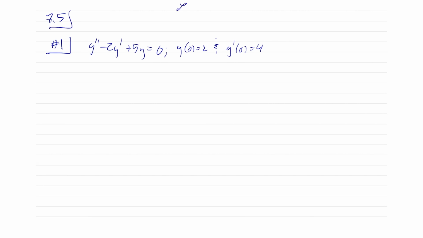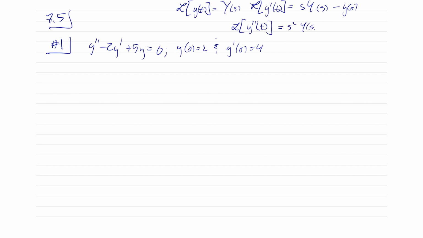So what we need to remember is that we have the Laplace transform of y of t, and we'll call it capital Y. The Laplace transform of y prime of t is going to be s times Y of s minus y naught. And the third thing we're going to use most often is the second derivative, which is going to give me s squared times Y of s minus s y of 0 minus y prime of 0.